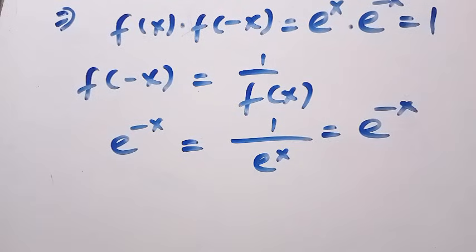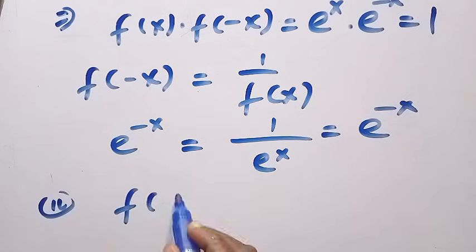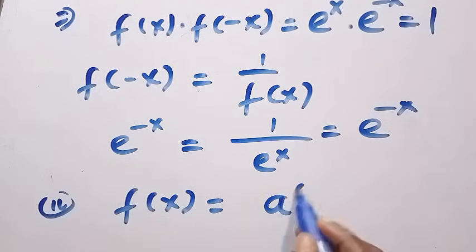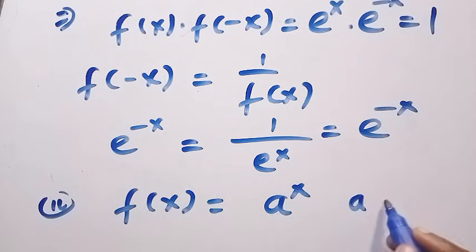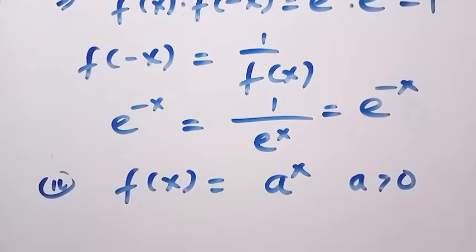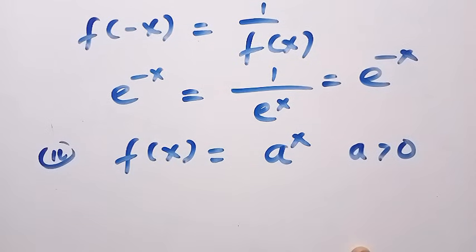Another form of exponent is if you have f of x, suppose I have it as a raised to power of x, provided that the a here is greater than 0. So a must not be equal to 0, so that's only when this is true.